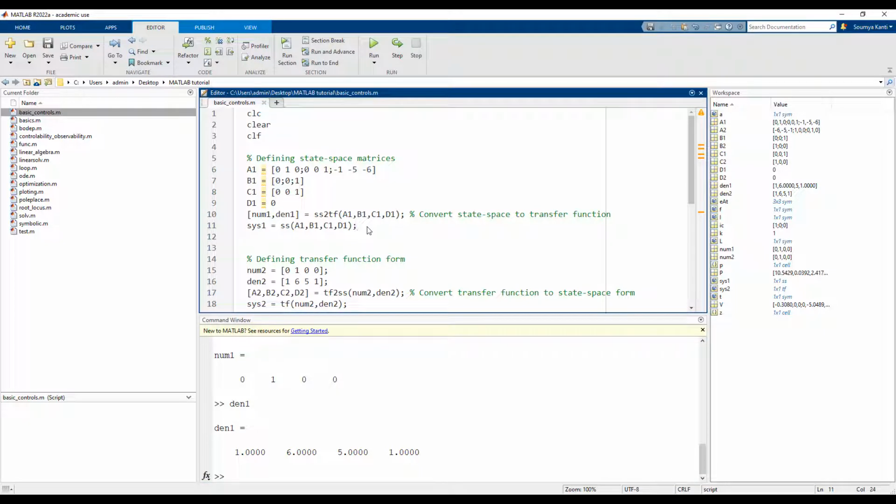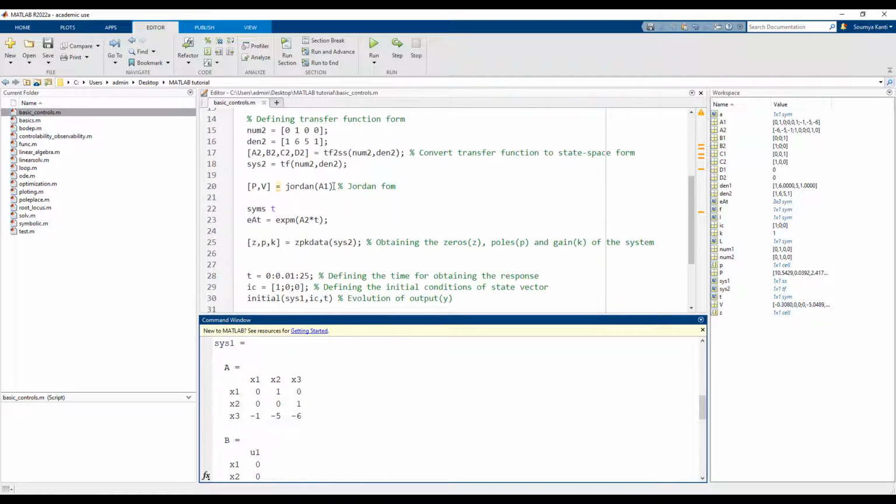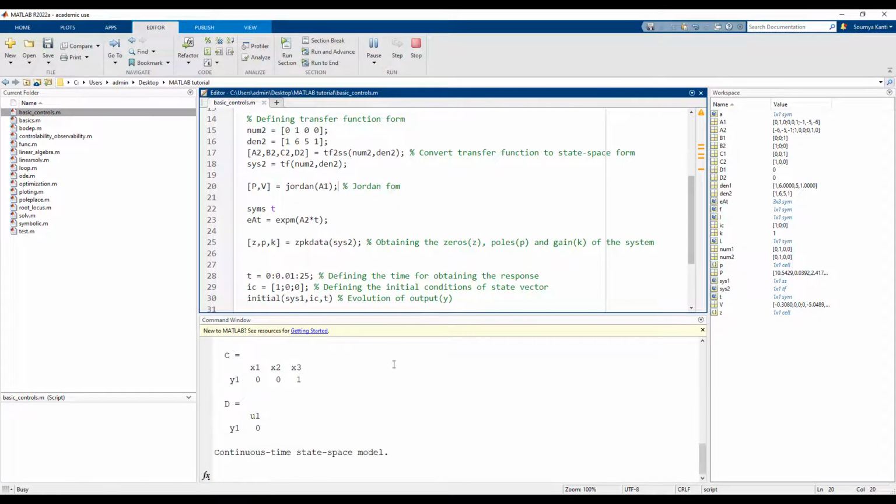Sometimes, when you do root locus or Bode plot, you need to define these matrices as systems. To define it as a system in state space form, you use ss and provide the A, B, C and D matrices. I'll comment this and run it again.